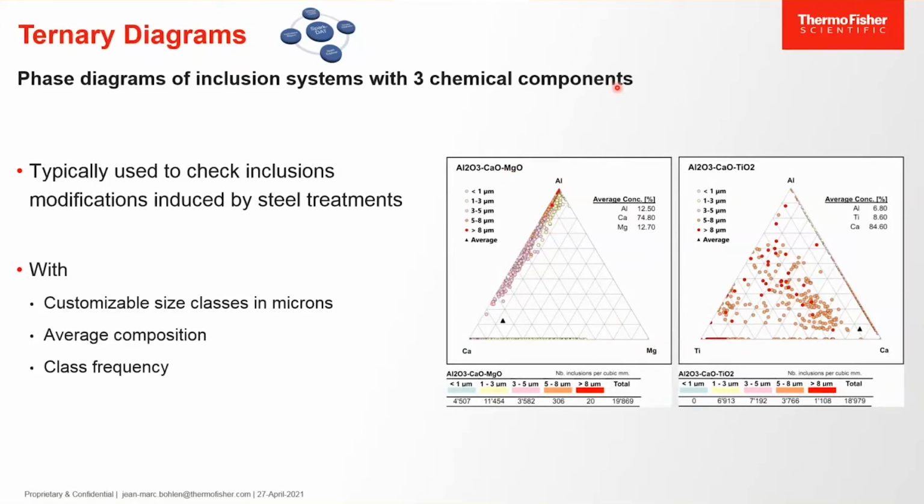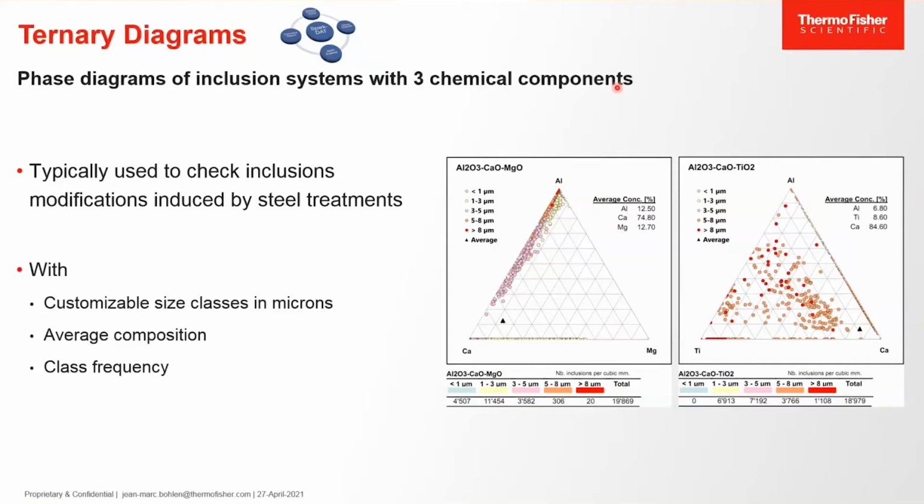Just what I mentioned before, adding calcium and seeing along the process inclusion aluminum oxides being transformed into calcium aluminates. So these kinds of diagrams are very popular, almost the natural language of inclusion specialists.